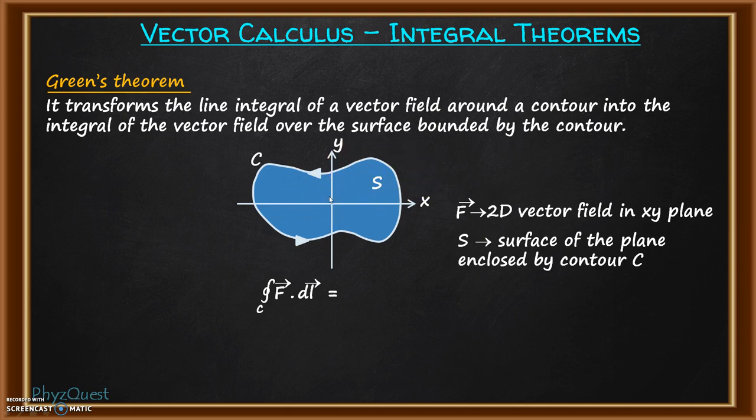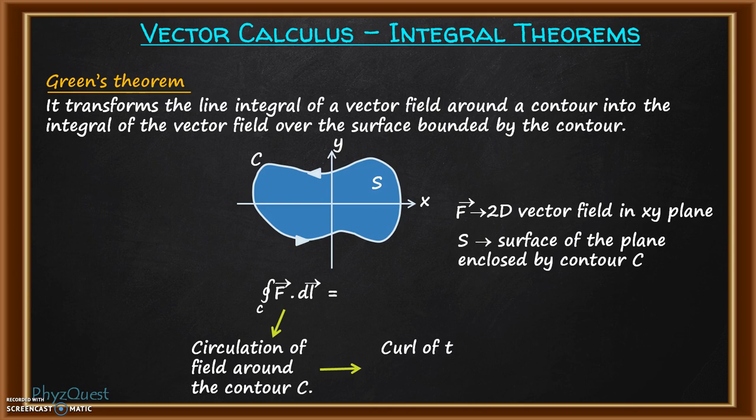Therefore, the line integral of the vector field over the closed curve C indicates the circulation of the field around the contour C. Now we have already discussed in the differential part of vector calculus that any kind of circulation is related to the curl operation. Therefore, circulation of the vector field implies curl of the vector field.